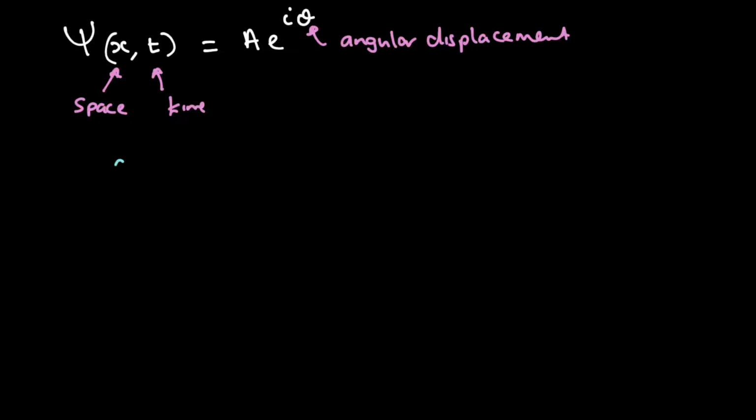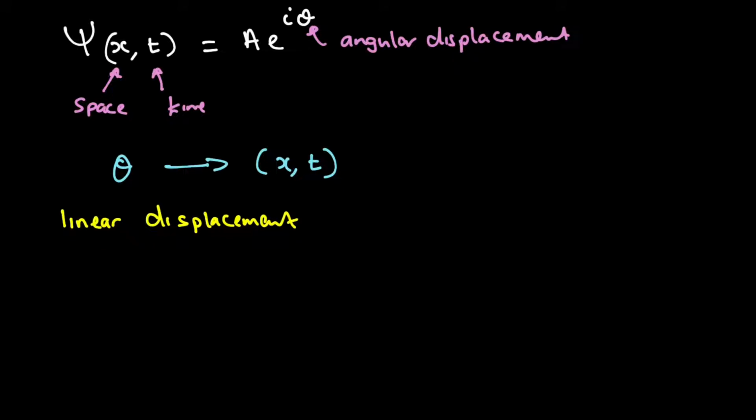So we want to take angular displacement and turn it into a function of x and t. Back in school, we know what linear displacement is. Linear displacement is basically distance with direction.